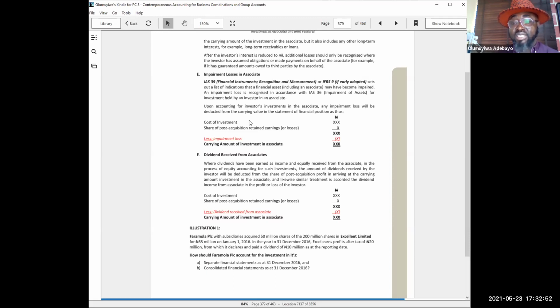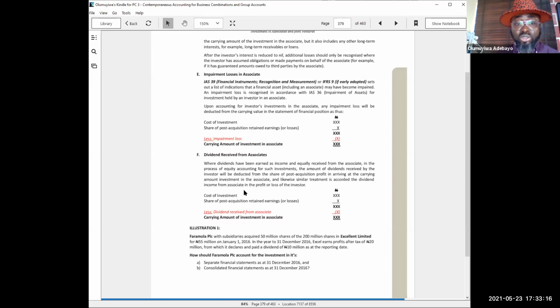But again, as we have said earlier, any impairment loss on equity is more of a permanent nature, and such cannot be reversed. You must take note of that. And the impairment loss will be used to reduce the carrying amount of investment in an associate and will also be charged directly to the profit of the investor.